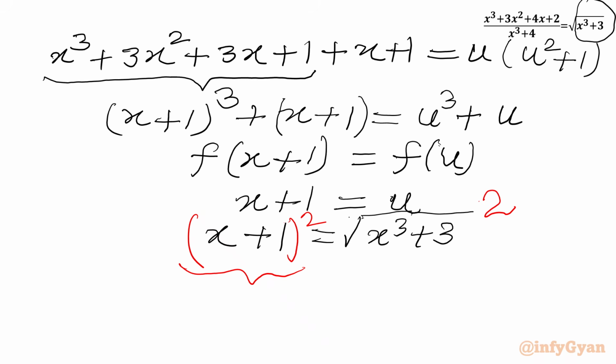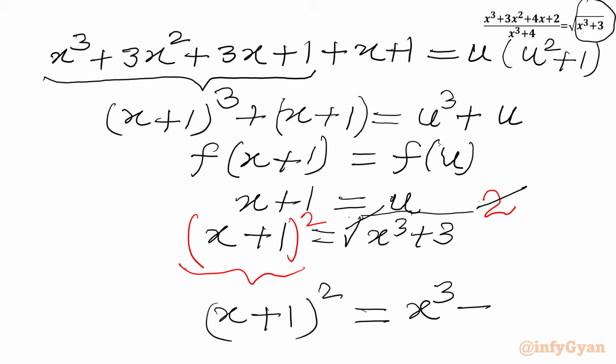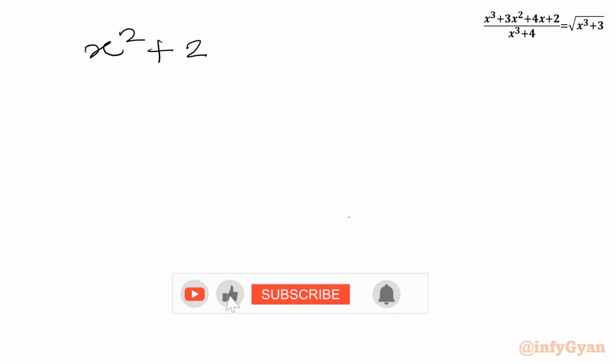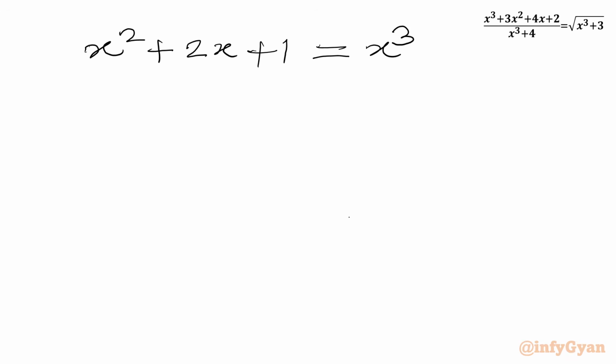In right hand side, we will cancel square root with a square. So we can write x plus 1 whole square equal to x cube plus 3. Let's expand LHS. We will get x square plus 2x plus 1. And in right side, we'll write x cube plus 3.